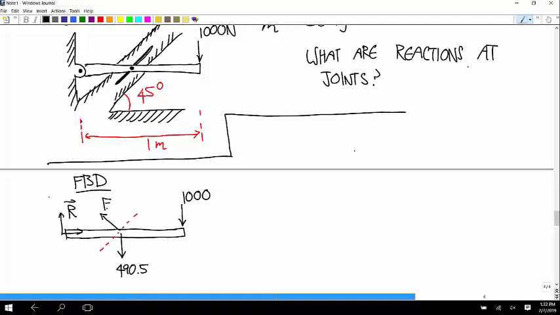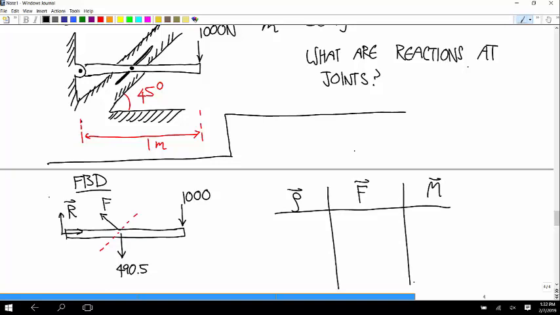Okay. So the table: row, force, moment. And where do you want to put the about point? I think the center or the left end are both good enough choices. I guess I'll put it over at the left end.